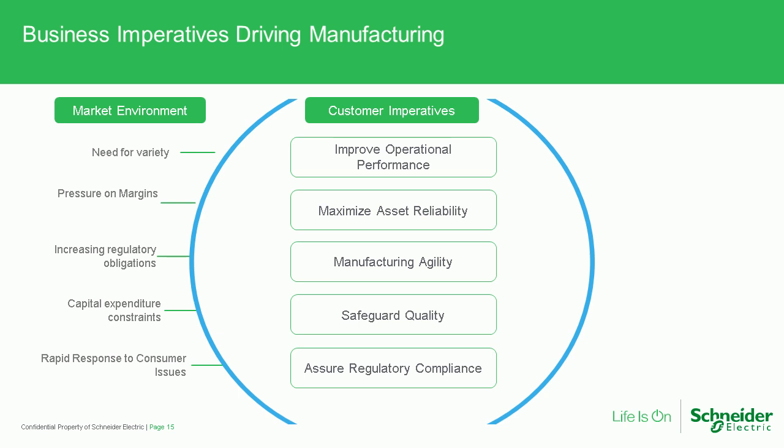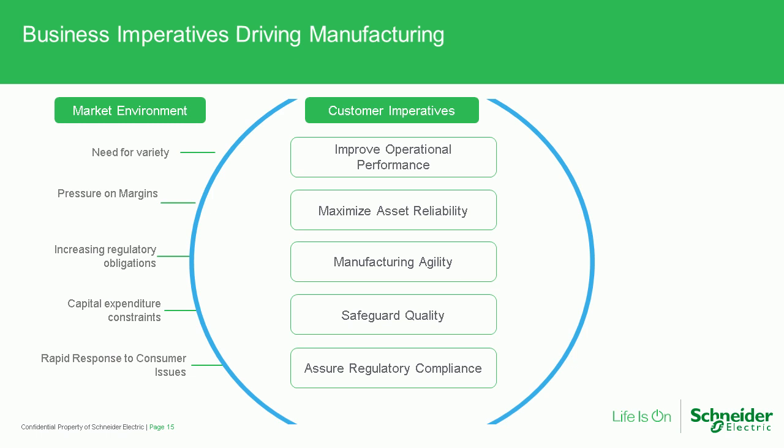So improving the performance of their operations, maximizing the reliability of their assets, bringing agility into the plants and being able to manage some of that variety, safeguarding and assuring quality of what is produced, and at the same time making sure that they're able to meet all of their regulatory obligations.